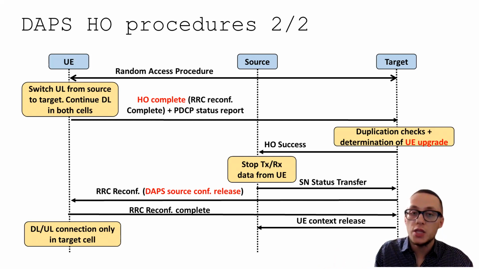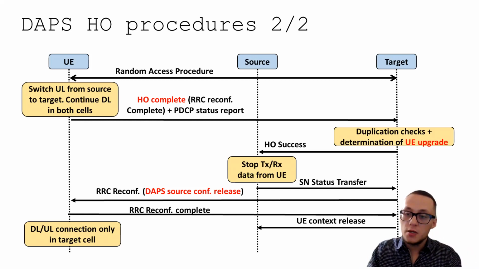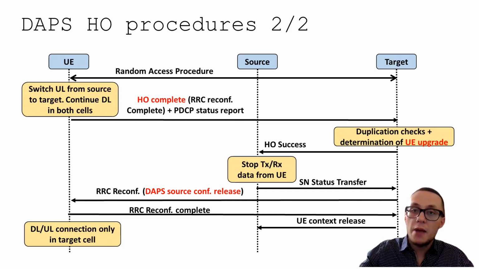If everything is okay, the user equipment sends handover complete, which is basically the RRC reconfiguration complete message, plus maybe sends a PDCP status report so that the target base station can check possible duplications on the PDCP layer and evaluate the need. If there is a need, the uplink for the user equipment is upgraded, because very probably it was downgraded before the DAPS handover in order to perform that handover.